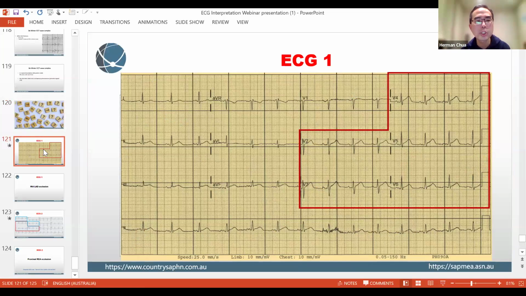The question I asked you is, is this a STEMI? Yes or no? If this patient presents with ischemic sounding chest pain, there's no ST elevation. But what do you see?